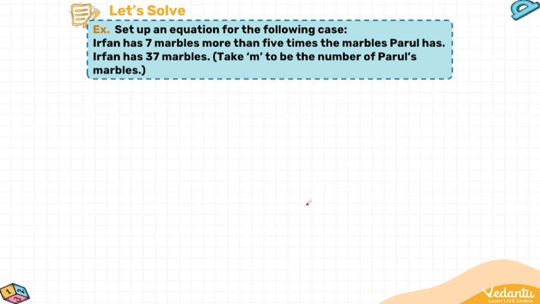Alright, let's discuss. As it says, take M to be the number of Parul's marbles, because this is unknown, we don't know how many marbles Parul has. So let Parul have M number of marbles.